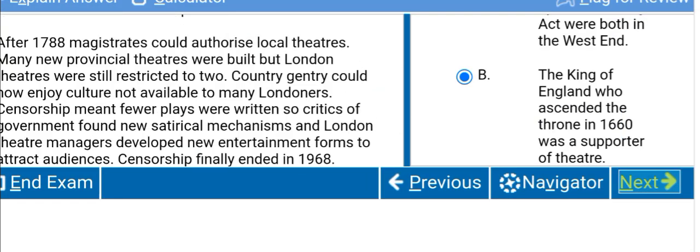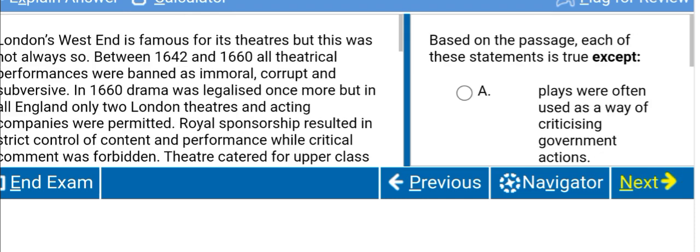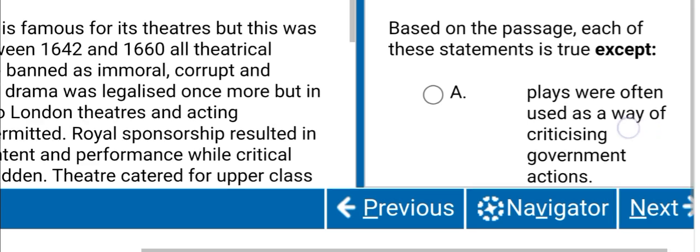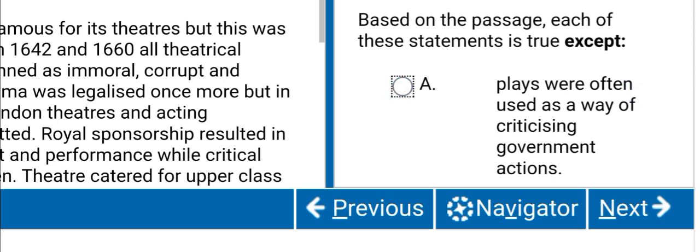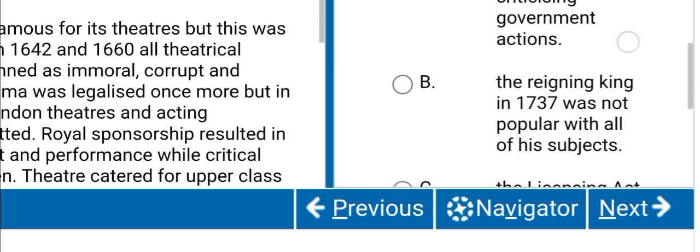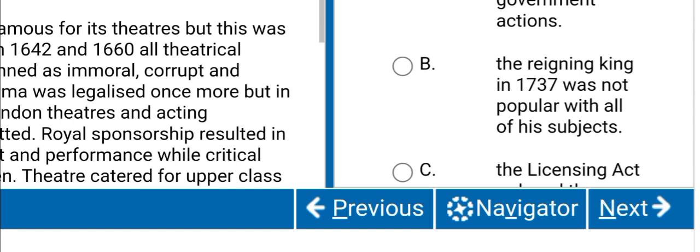So here we have our next question. Based on the passage, each of these statements is true except: option A, plays were often used as a way of criticizing government actions. Option B, the reigning king in 1737 was not popular with all of his subjects.